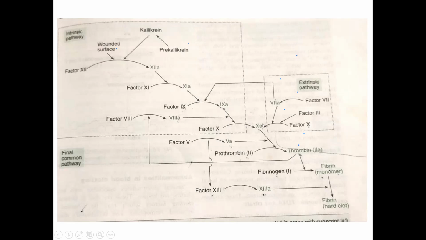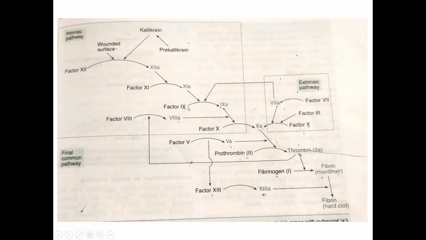Now the prothrombin activator is formed by the intrinsic pathway method. Extrinsic pathway: due to the wound, the 7th factor is activated naturally, and that acts on the 9th.